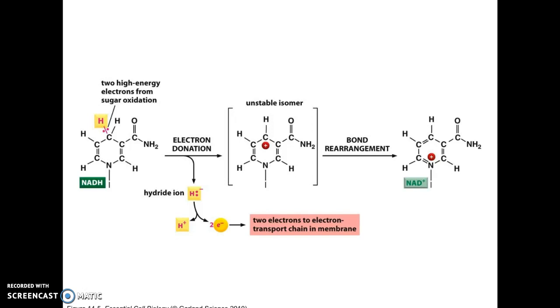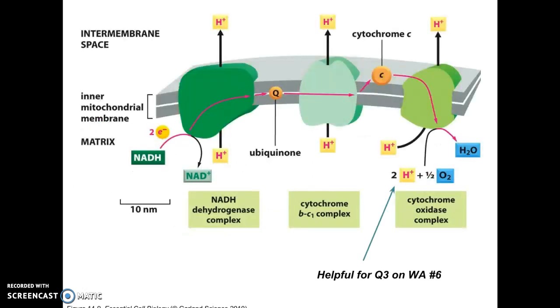Okay, so after we've generated these NADHs, or FADH2 if it's from the citric acid cycle, those electron carriers are going to enter into the electron transport chain. So what is the electron transport chain?